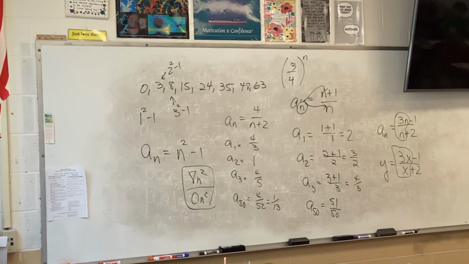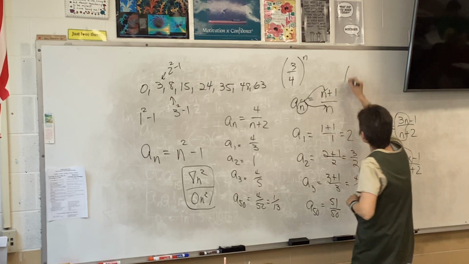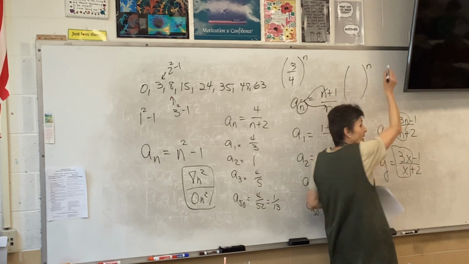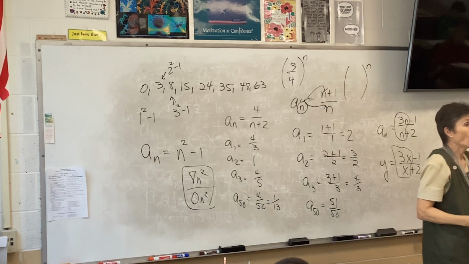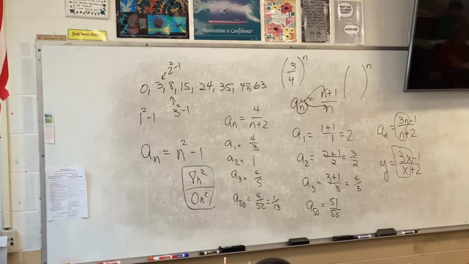What about L? Divergent. So those kinds of problems that are something to the nth or some kind of power, you're either going to go to 0 or you're going to be divergent. And it depends solely on the size of the number in the parentheses. Okay?